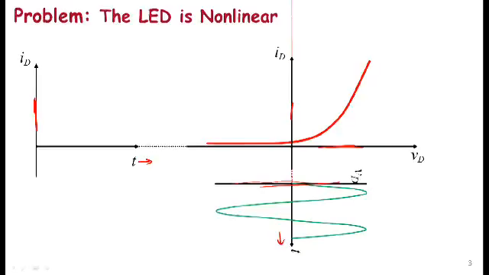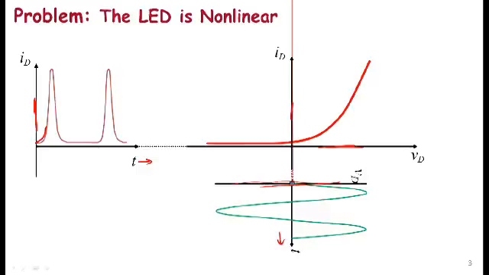So let's see. Let me do a fun little animation to see if I can show you how things work. I expect to see as an output this curve for ID. And I had a bunch of fun with PowerPoint, and let's see if I can make PowerPoint talk to us and show us how I got this ID from VD in a manner that is about as clear as it gets.